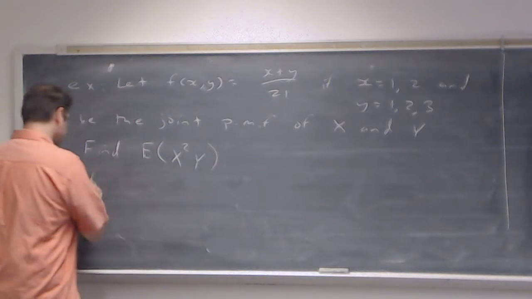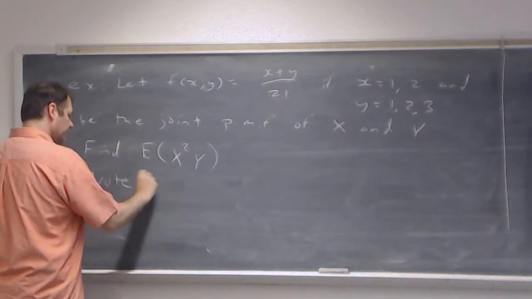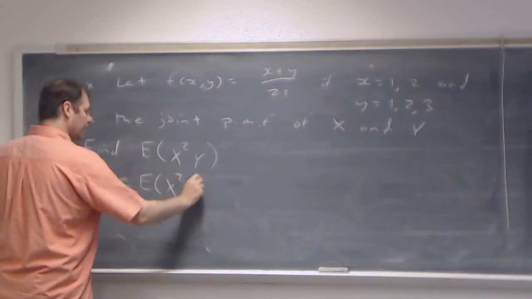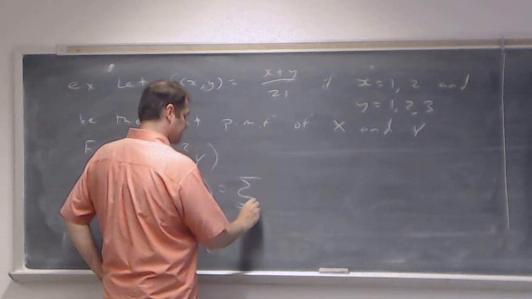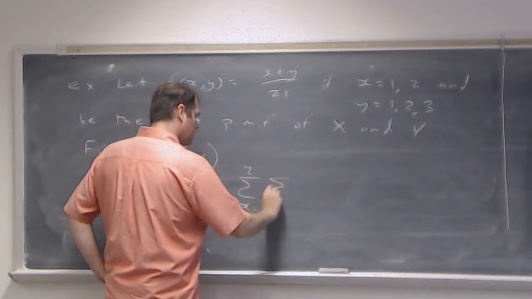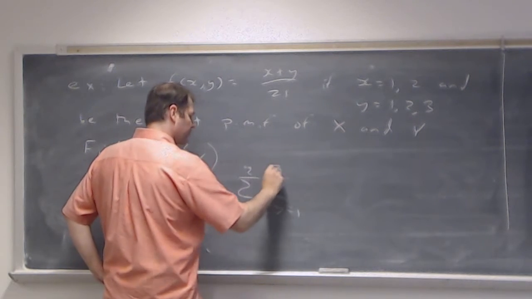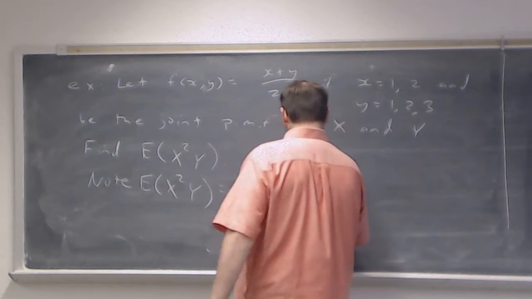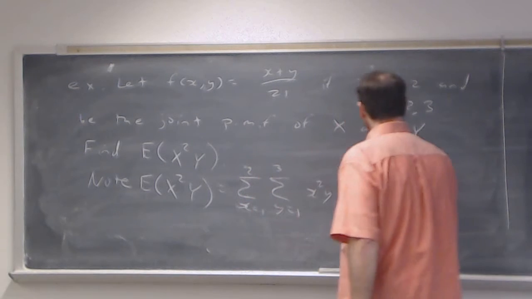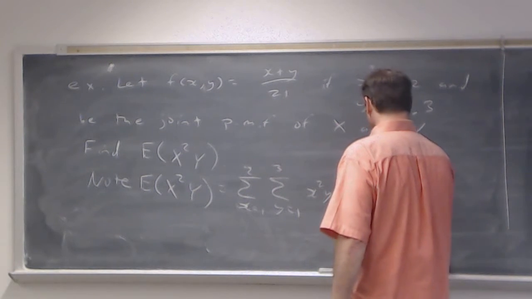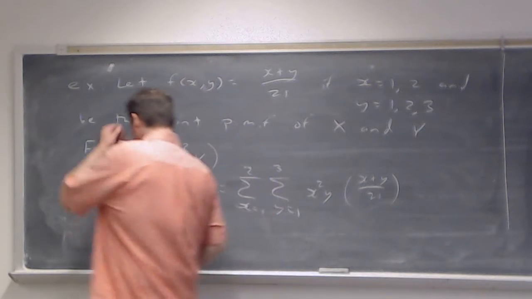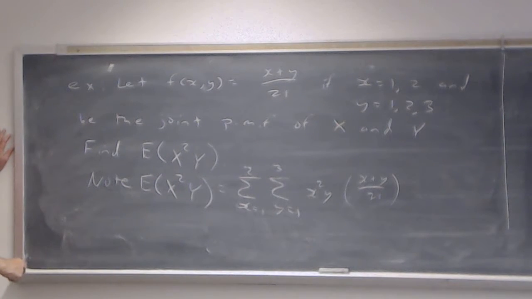Note the expected value of x squared times y. This is easy. This is equal to the sum over all x's, which runs from 1 to 2, sum over all y's, which runs from 1 to 3, of x squared y, times x plus y over 21. So I have 6 things to add up here.